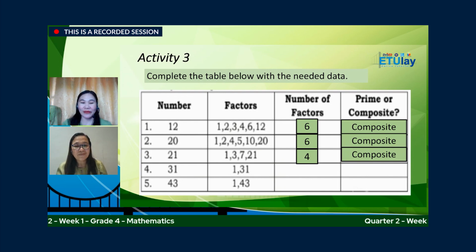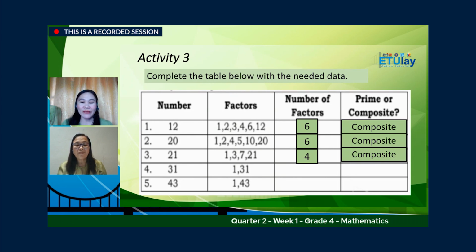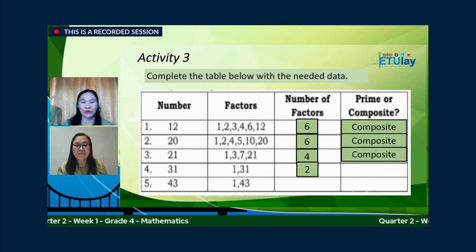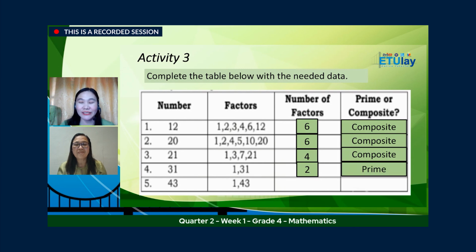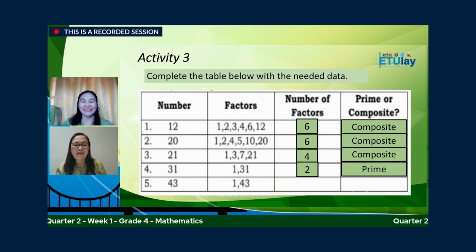Okay, so our number there is 31. The factors we have 1 and 31. We only have how many factors? Yes, 2. And if there are 2 factors, it is prime number and you got it correctly. Next.